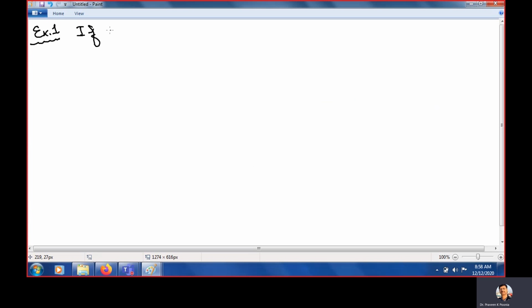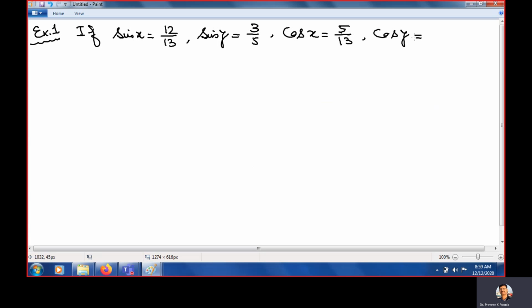If sin x is equal to 12 upon 13, sin y equals 3 upon 5, cos x equals 5 upon 13, and cos y equals 4 upon 5. Clear? These are the 4 things that have been given. Now what is question number 1? Question number 1 is find sin x plus y.